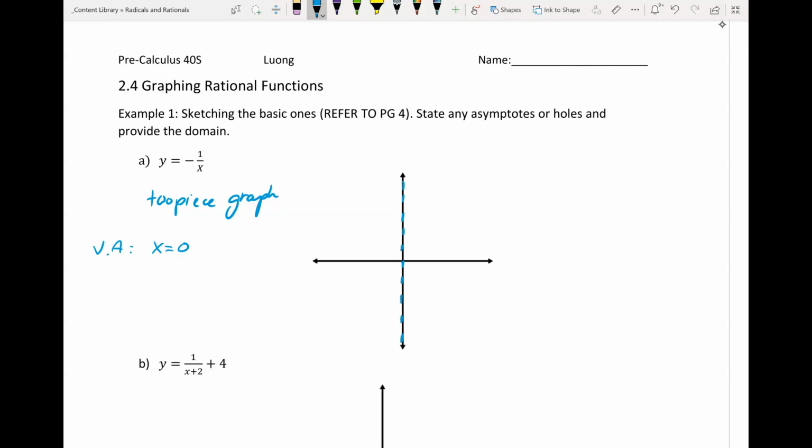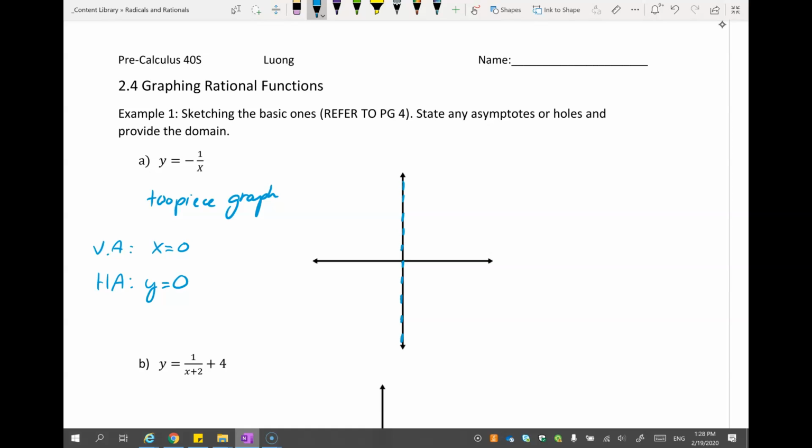We are also going to have a horizontal asymptote at y equals 0. Whenever your numerator power is smaller than your denominator power, your horizontal asymptote is going to be y equals 0.